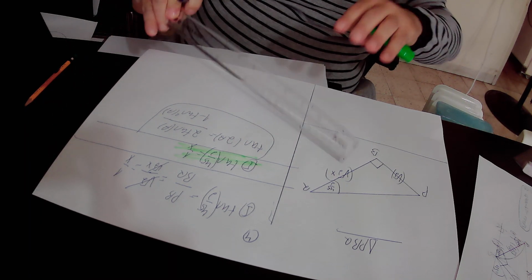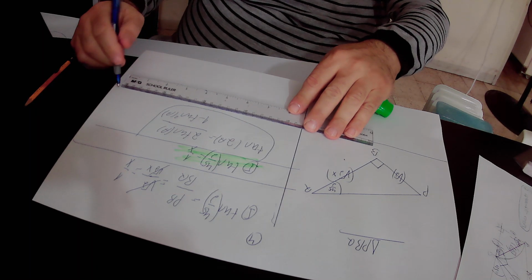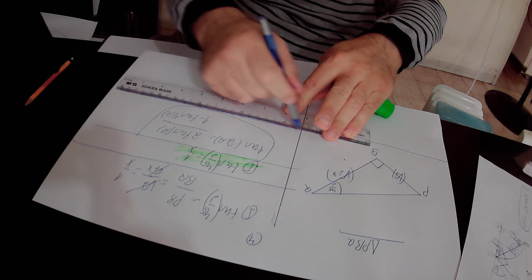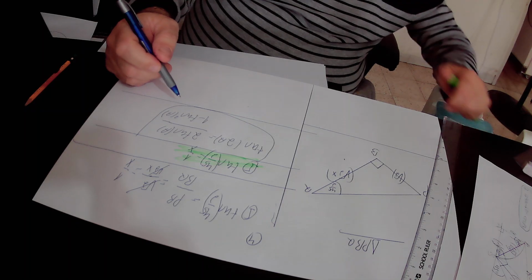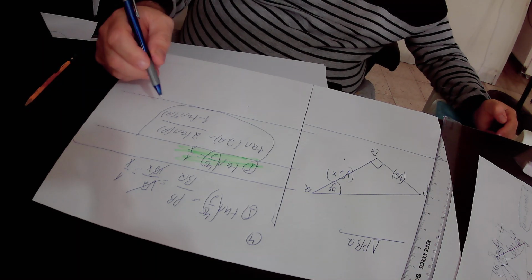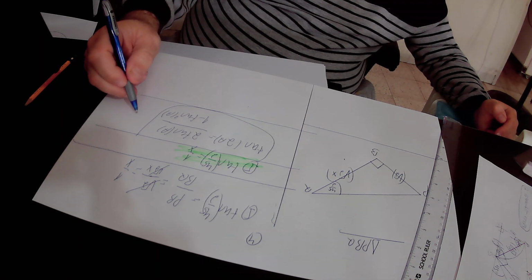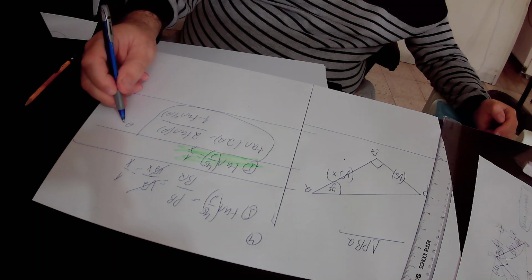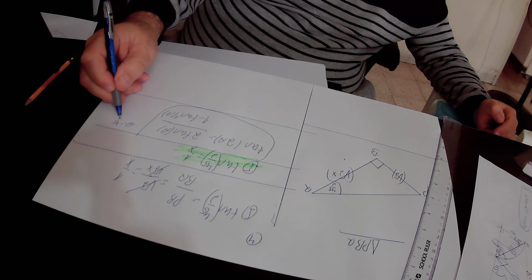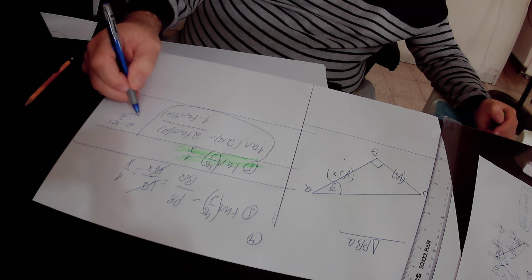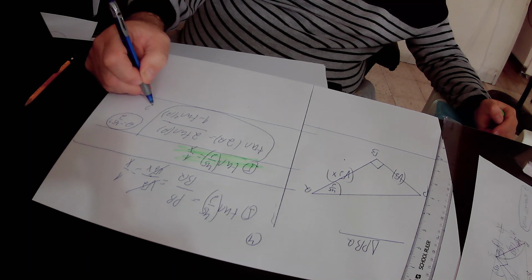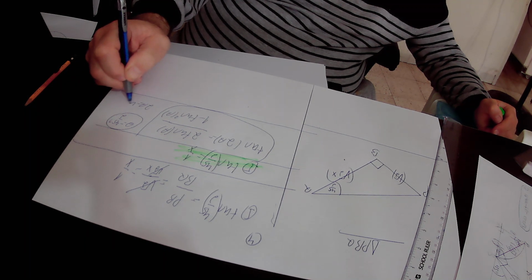We'll define theta as 45 over 2 degrees, and therefore 2 theta will be equal to 45 degrees, of course.